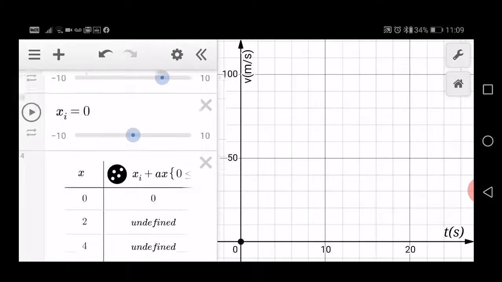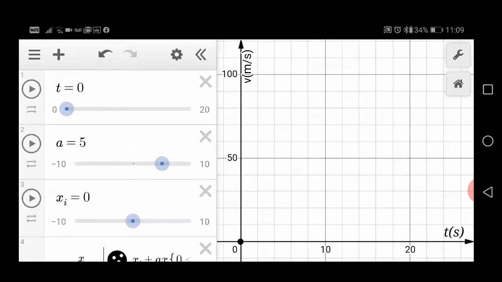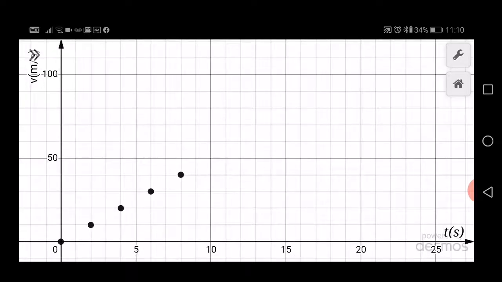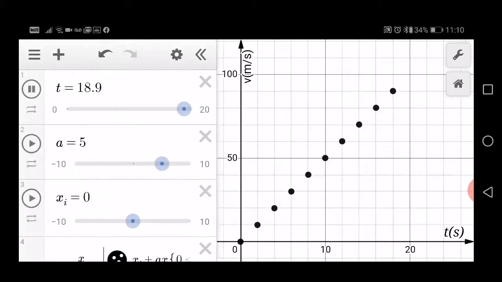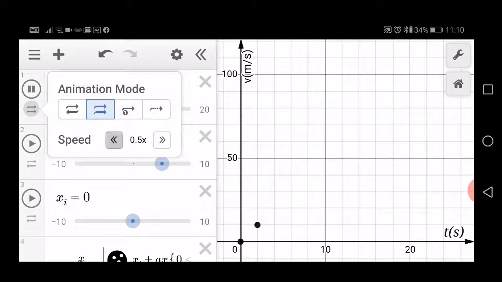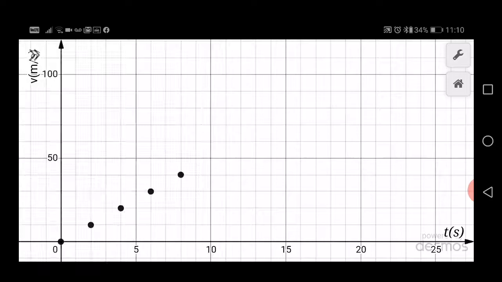Now, if you let the time run for a while, look at what's going on with the velocity. Perhaps we should look at it a little bit slower. What you're looking at are points that are indicative of a time and a velocity.